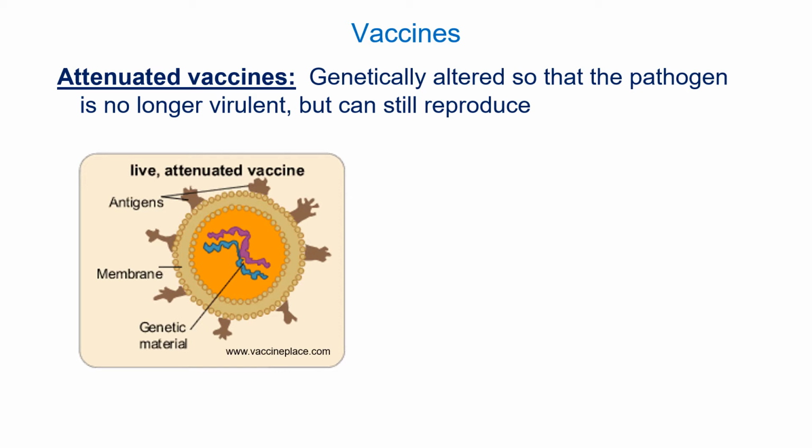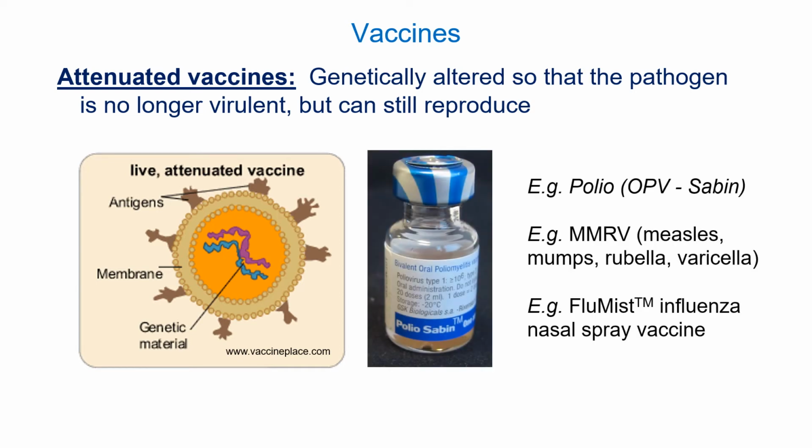And so the idea is that you're infecting a person with a live organism. Hopefully it's not going to cause any disease, and it will propagate and grow, and your body will have an immune response so that when you actually get the pathogenic strain or the wild type organism, you're going to have an immune response against it. Some examples of these include the polio vaccine. We're talking about the Sabin vaccine, OPV, means oral polio vaccine.